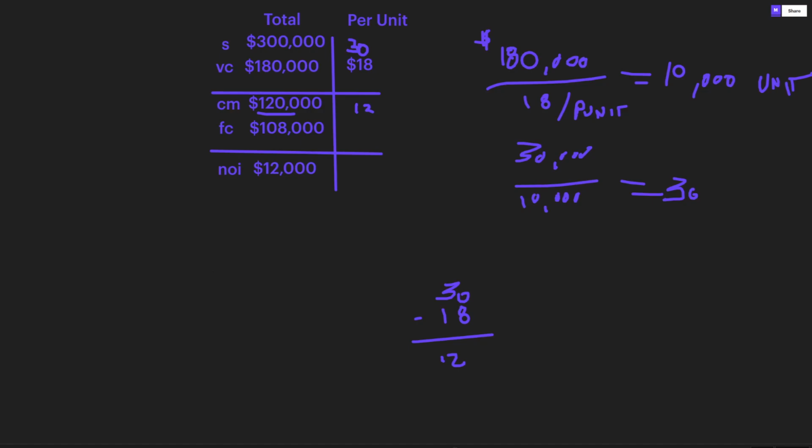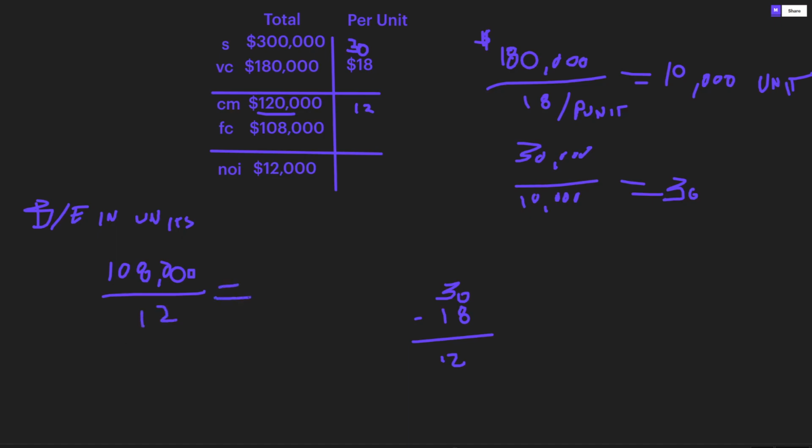So in order to get break even in units, we take our fixed cost of 108,000 and we divide that by our contribution margin per unit. And so that would be 12.